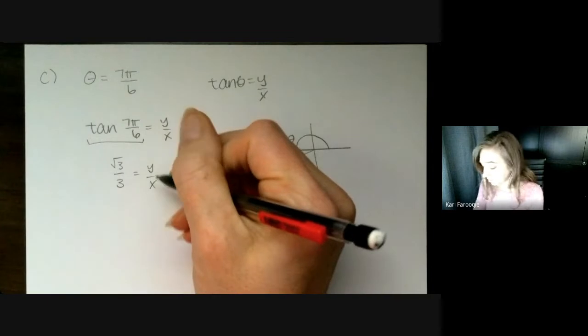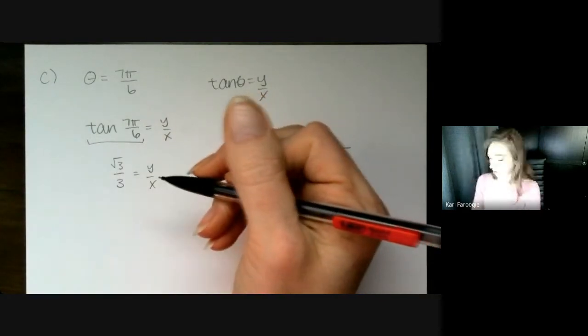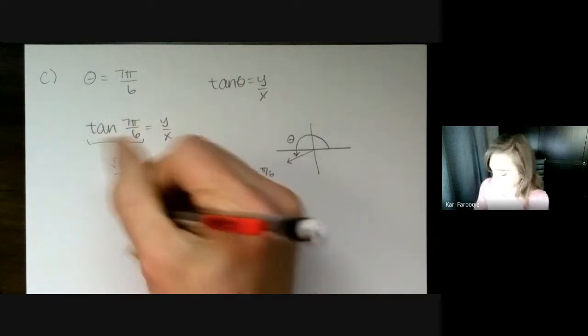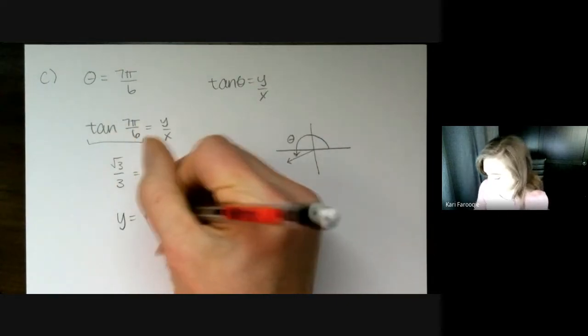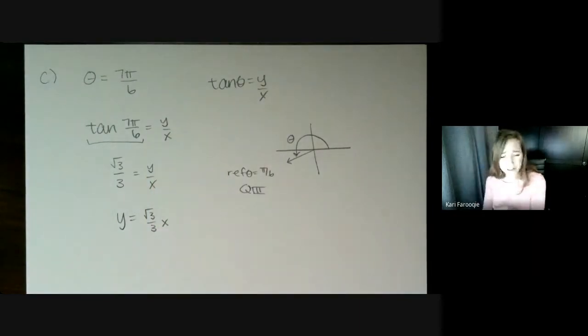And then, since we're going to want to graph this, you'll want a y equals. So you can just multiply both sides by x, and you'll get y equals the square root of 3 over 3 times x. And I know this looks a little different just because it's got an irrational number in it with the square root of 3, but this is just y equals mx, and then b is 0.